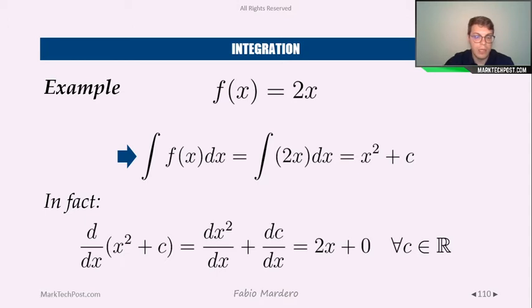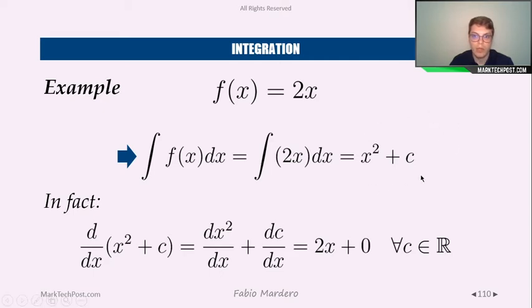That's exactly the example we've seen in the second section, introducing the differentiation. In fact, the derivative of a constant is equal to 0. The constant doesn't change with respect to the variable, so the variation is equal to 0 for all c as a real number.